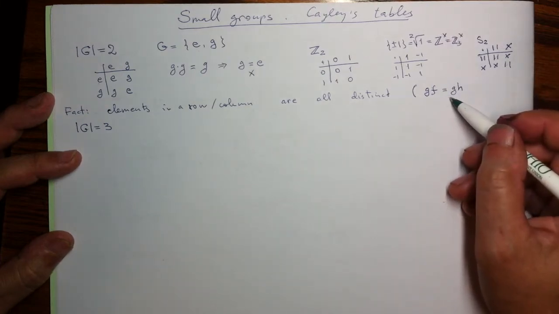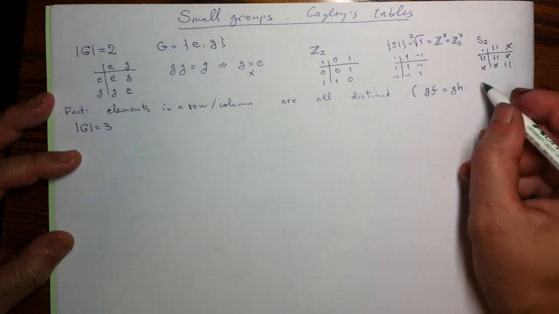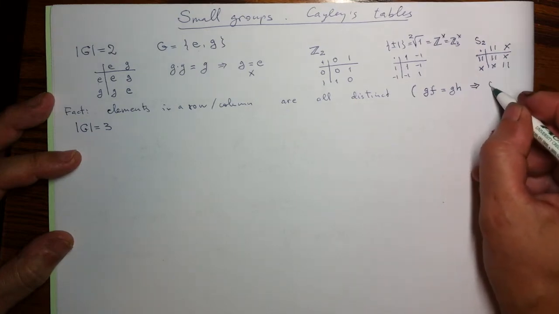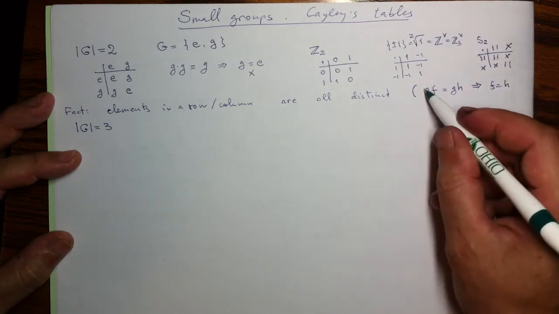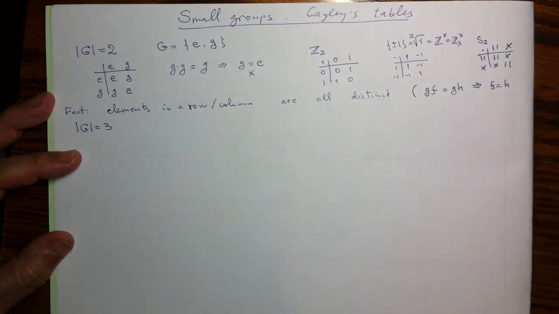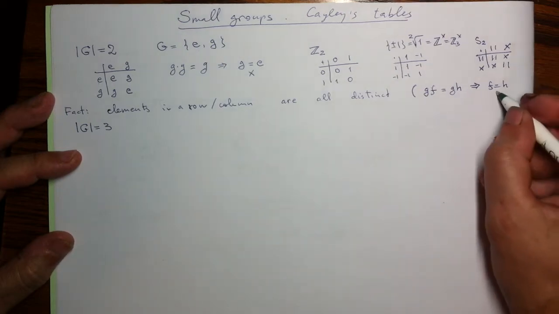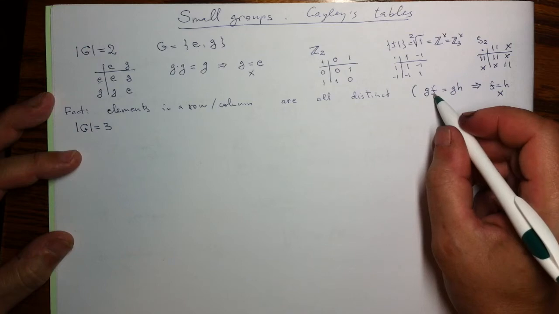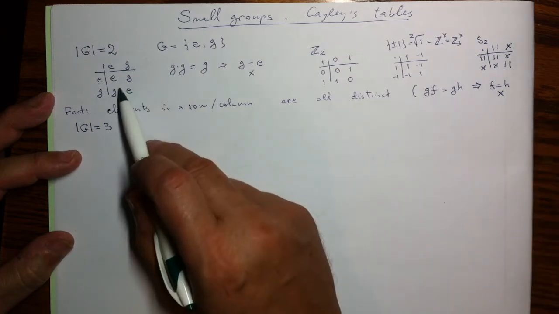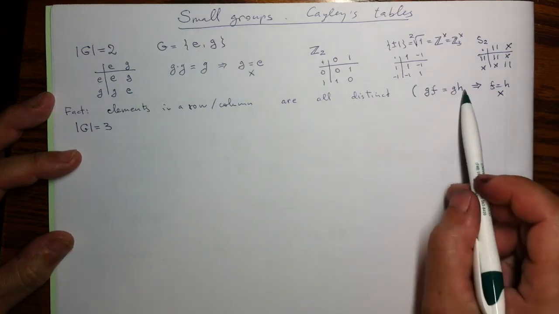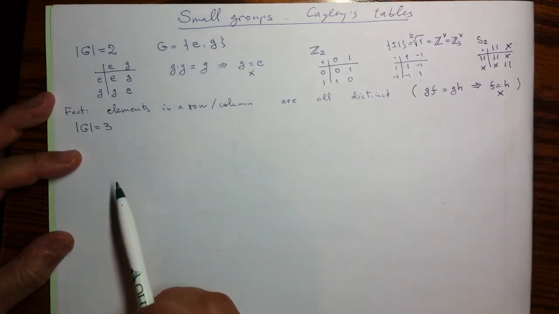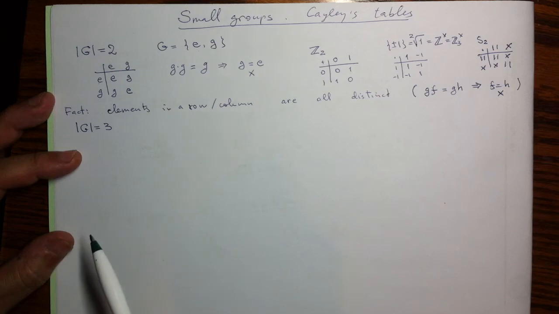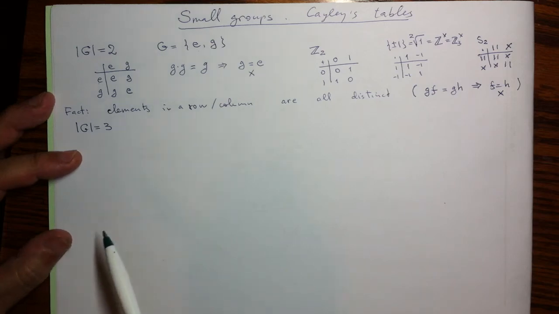And this cancellation property in a group will imply that these two other factors have to be the same, because we can multiply by g inverse both sides of this equation and effectively remove them. That is a contradiction, because we assumed, listing these answers in a Cayley's table, that f and h are different. So that is a proof that elements are always different in a given row or column.